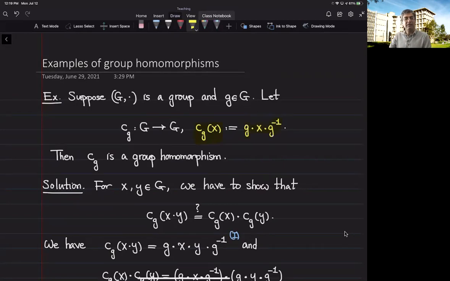We say we have conjugated x by g. So this is a conjugate of x.